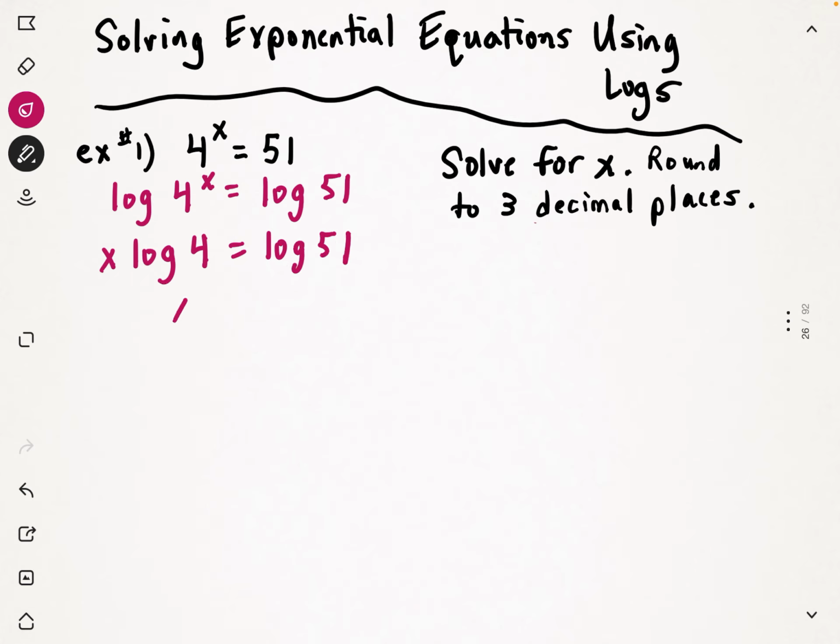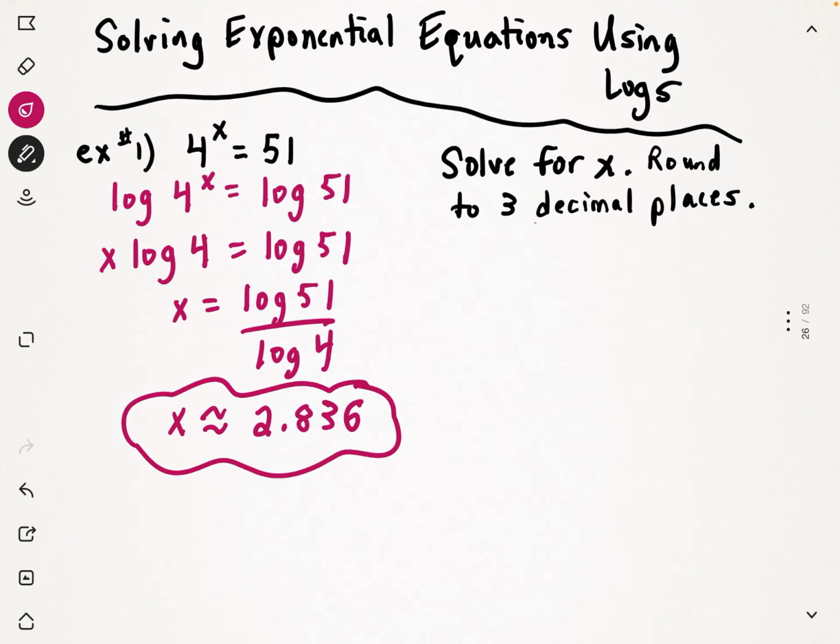You can solve for x by dividing both sides of this equation by log 4. Then you can get a decimal approximation using your calculator. You can go log 51 divided by log 4, and of course we're rounding to 3 decimal places, so we would say approximately 2.836.